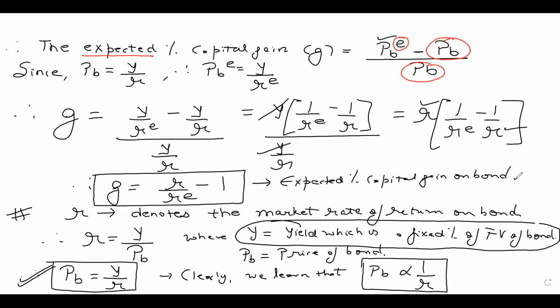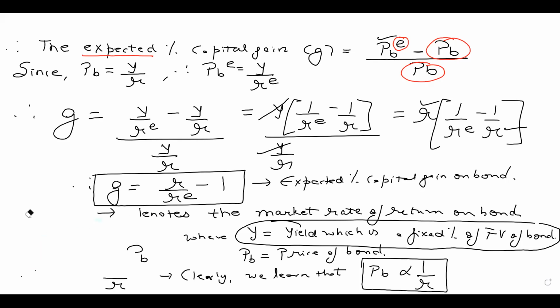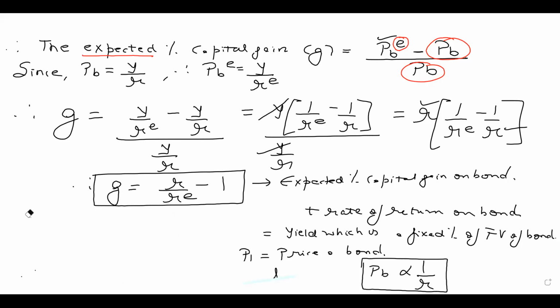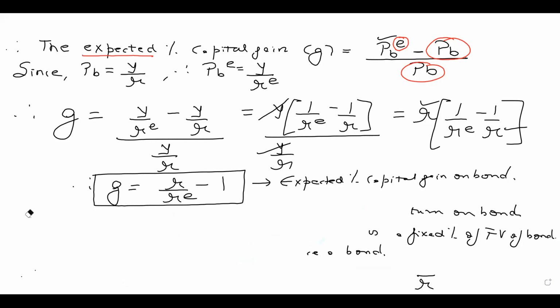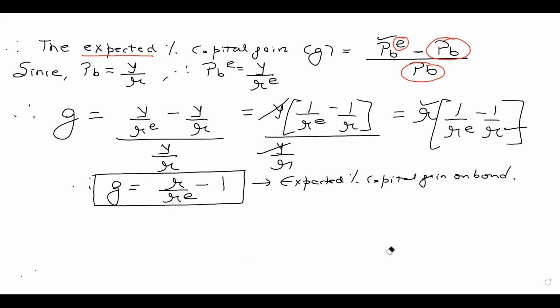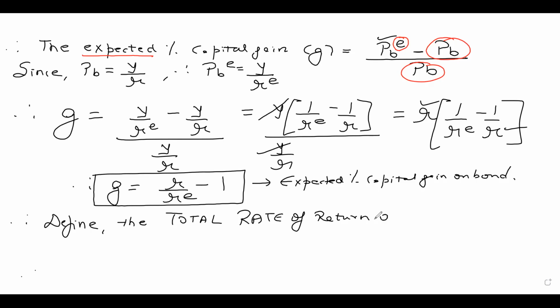Okay, and then in the previous lecture, we had also calculated the total rate of return on the bond. Okay, so erasing this particular part off, we can quickly write the total rate of return on the bond as follows. So therefore, define the total rate of return on the bond as the term E, which is equal to the market rate of return plus the expected percentage capital gain on the bond.